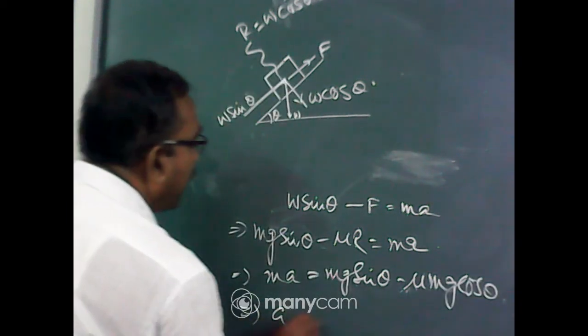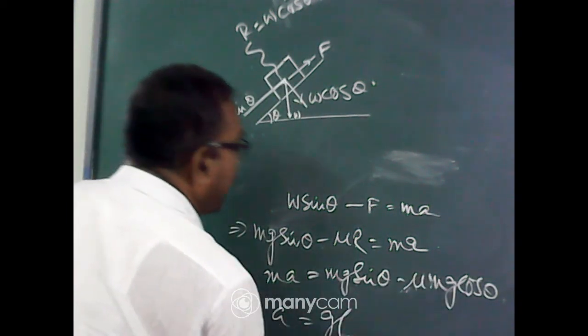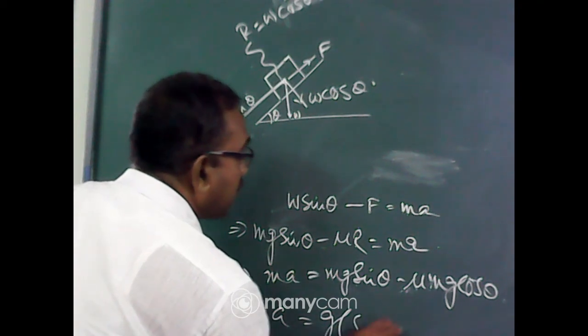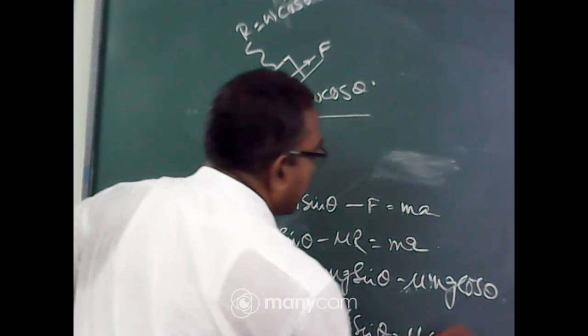So, A equal to g common, cancel, g common, sin theta minus mu cos theta.